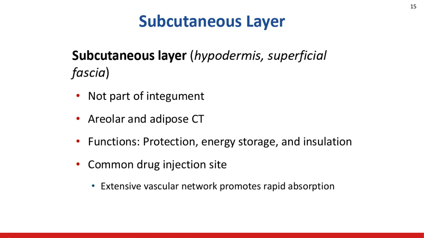All right, so let's go down to the last part that I wanted to talk to you about, which was the subcutaneous layer, or the hypodermis. Again, I'm making this point: it is not part of the integument. But it is made up of two types of loose connective tissue, the areolar and the adipose.